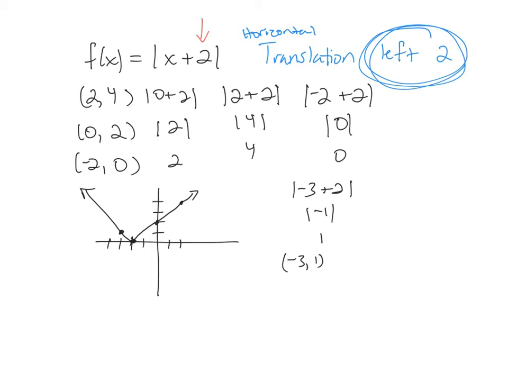Like I ended up picking negative 3 and it worked out. So you might end up, depending on how it works, needing to pick a few more numbers to make sure the V looks like it's supposed to. Okay. All right. Beginning. This one wider. Same. Let's look at another one.